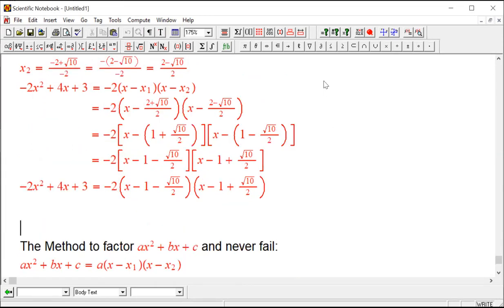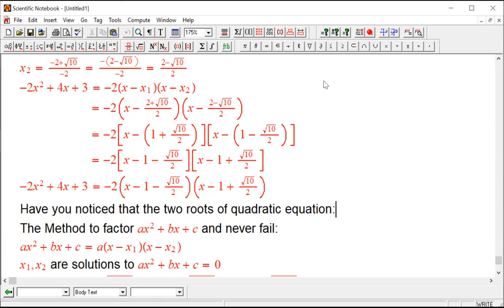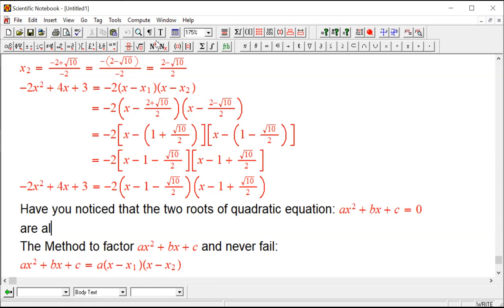Okay. Did you notice, or have you noticed, that the 2 roots of a quadratic equation, which is ax squared plus bx plus c equals 0, are always conjugate?